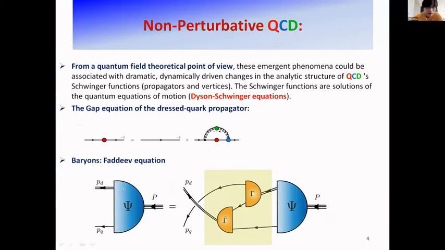Okay, this blue half circle here and here is the baryon's quark-diquark Faddeev amplitude, and these orange half circles are the diquark inside the baryon, the diquark's Bethe-Salpeter amplitude. These straight lines are the quark propagators, and this double line is the diquark propagator.